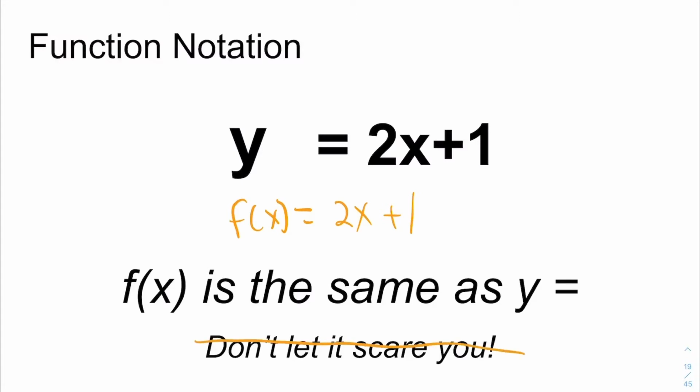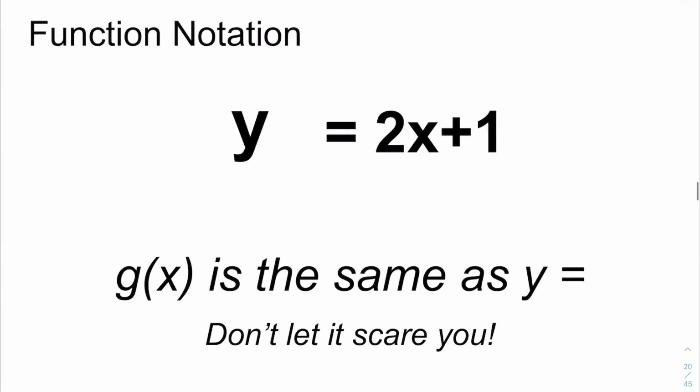Please write down what I have written, and don't let it scare you. Y equals is the same thing as writing g of x. G of x is the same thing, it's just a different notation that's more specific. Don't let it scare you.